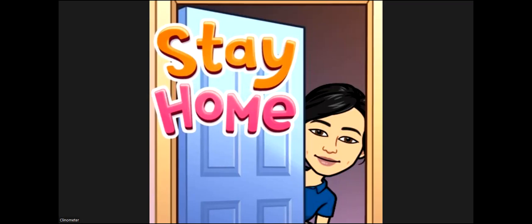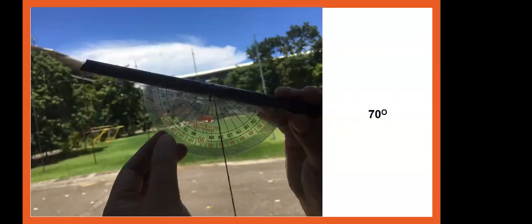Now, what if your clinometer is positioned differently? So let's go back to my presentation a while ago. For this 70 degrees, your angle must be 20 degrees.